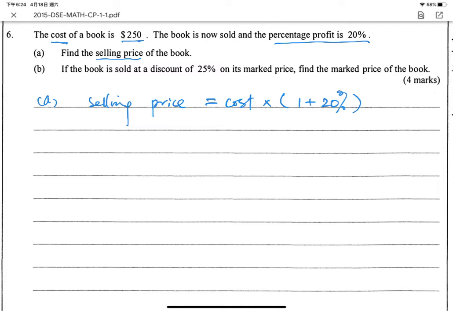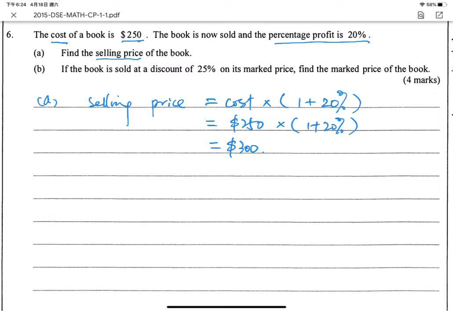Selling price, we know the cost is 250 in this question, times 1 plus 20%, which is 1.2. So 250 times 1.2 equal to $300. So this is the selling price.